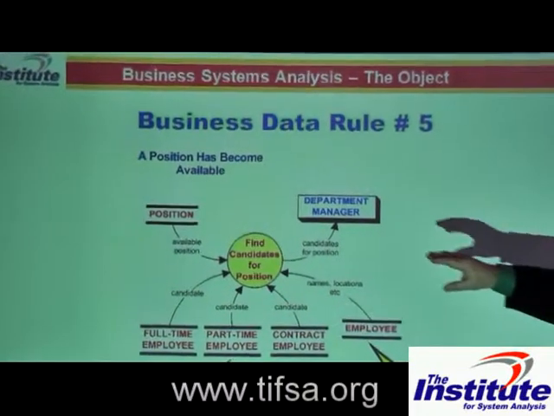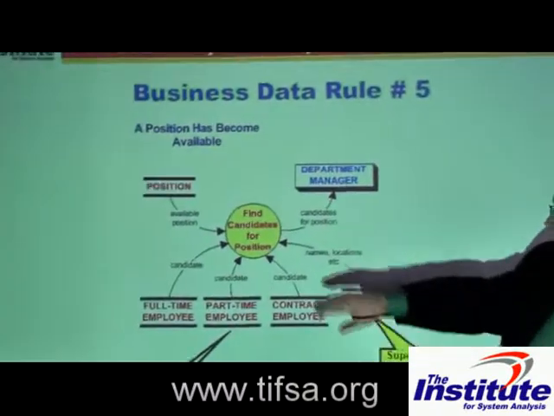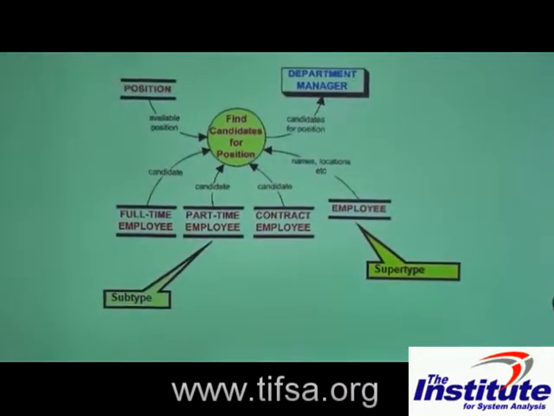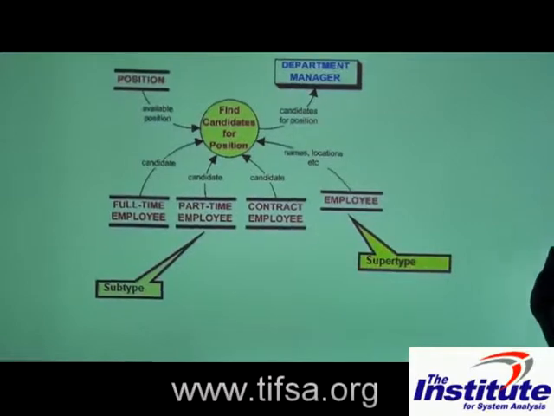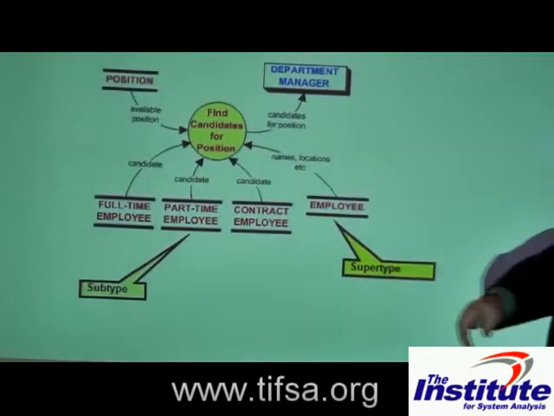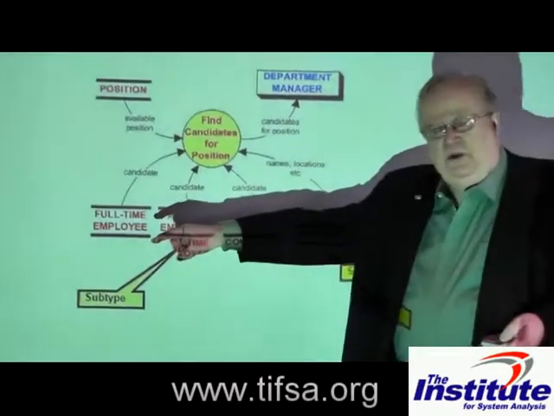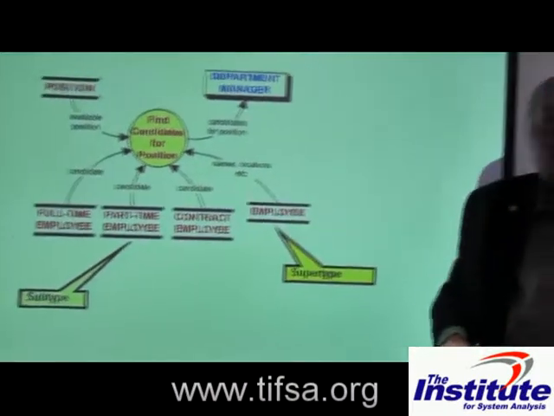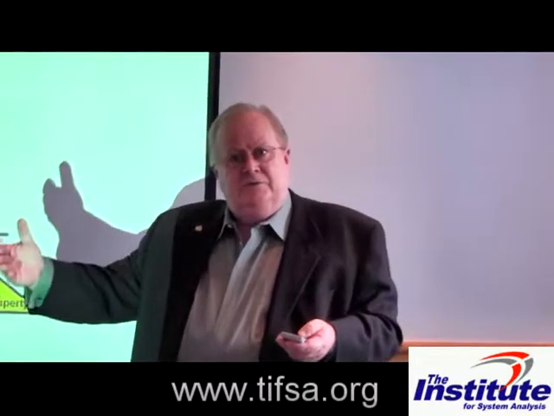Here we have a process. The event is a position that's become available. The process has found candidates for the position. And let's say that we have different candidates that might fit the position. But some of them are full-time employees, some of them are part-time employees, and some of them are contract employees. And some of the data for contract, part-time, and full-time is different than the others.